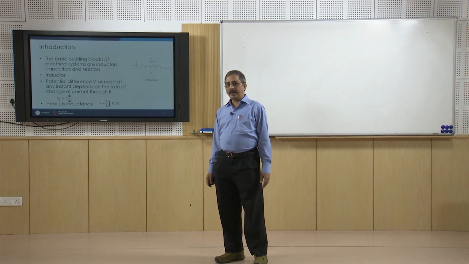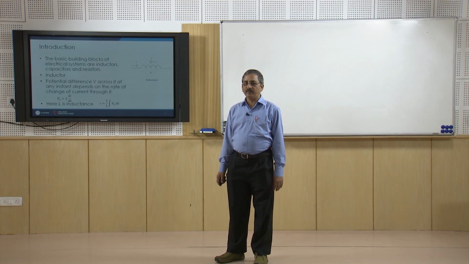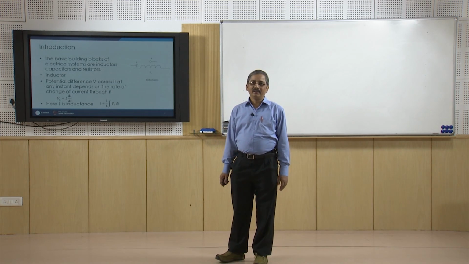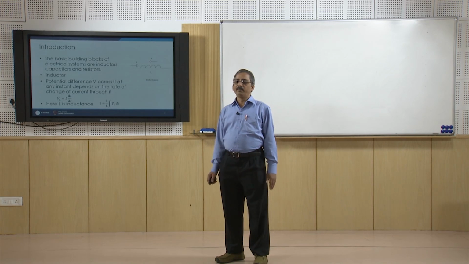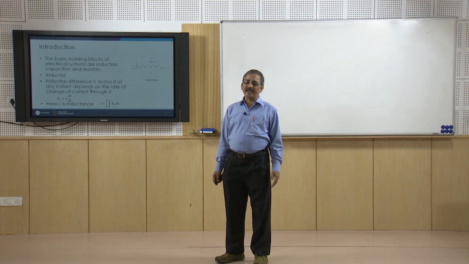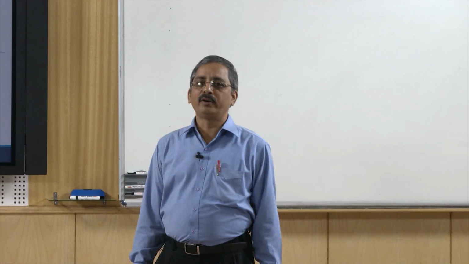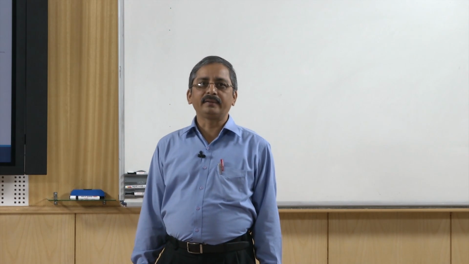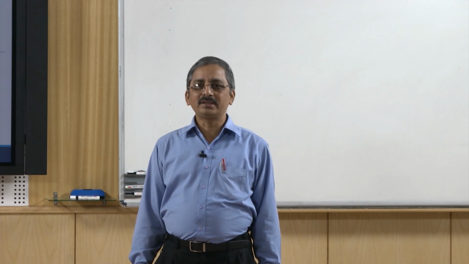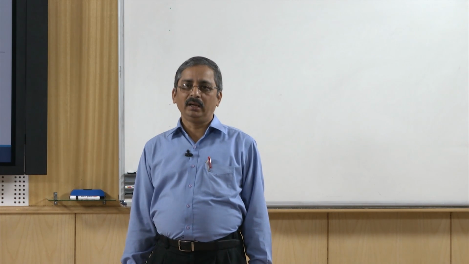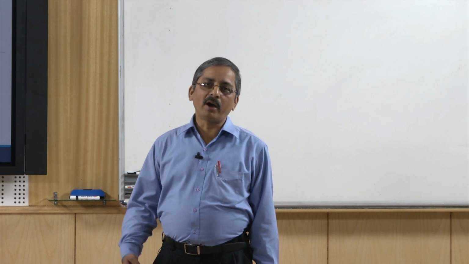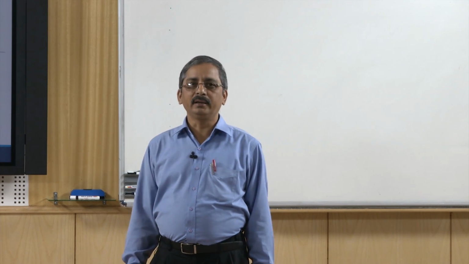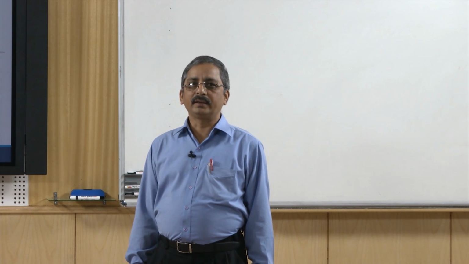As with the mechanical system, for the electrical system also we will initially see the three basic building blocks and the expressions corresponding to them. Then we will use these basic building blocks to model complicated electrical circuits or systems.